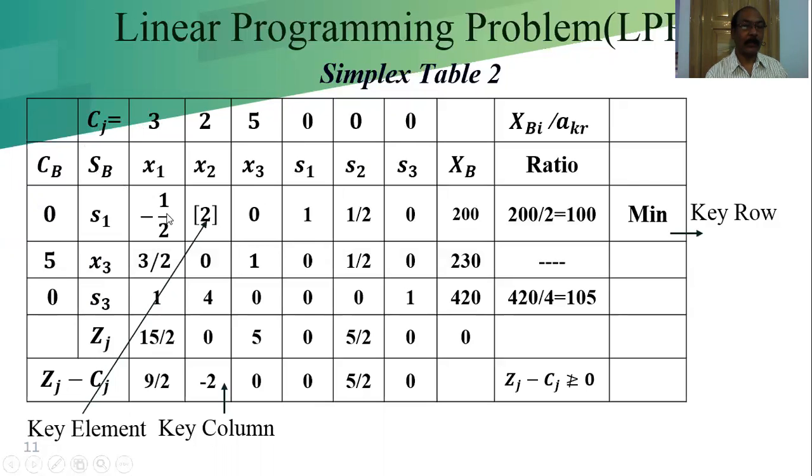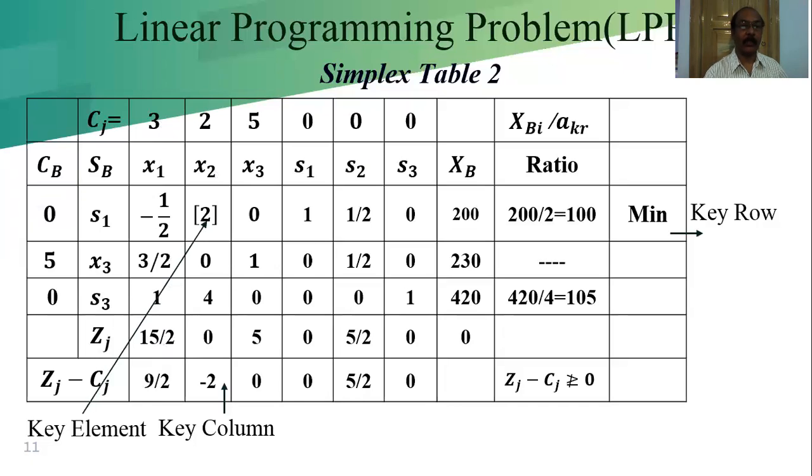So 0 into half is 0, 0 into 1 is 0, only this is 5 into 3 by 2, that means 15 by 2. And 15 by 2 minus 3, what do we get after calculating? This is 9 by 2. Now for this column corresponding to x2, we get 0 into 2 is 0, 5 into 0 is 0, all will be 0.